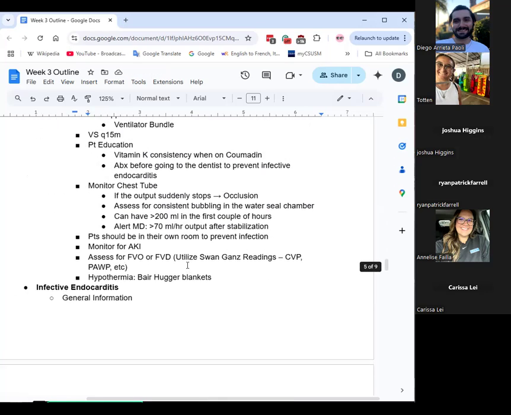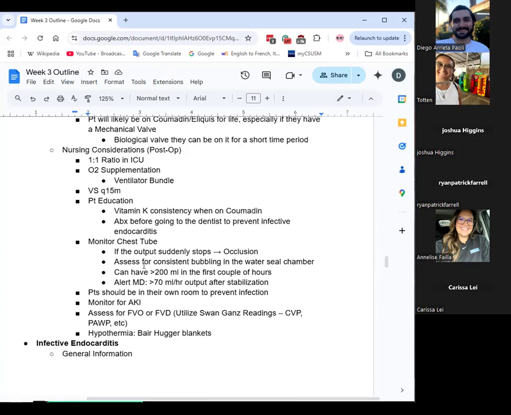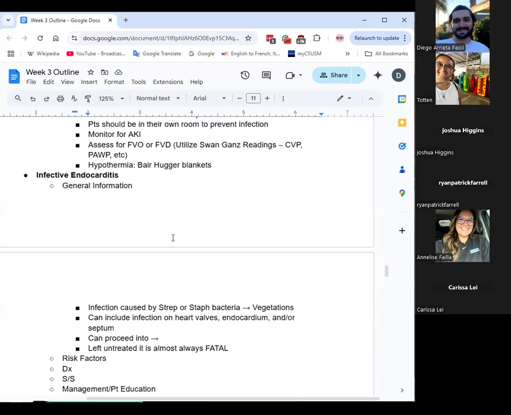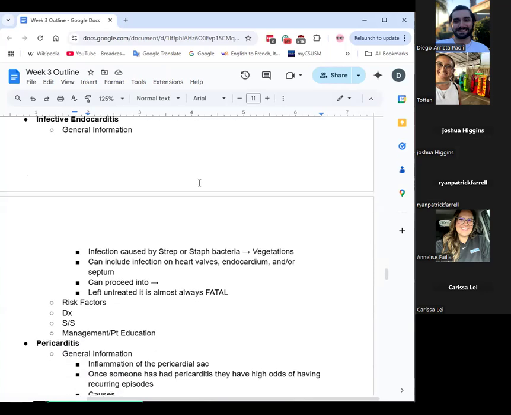And speaking of issues with the valve, we'll move on to infective endocarditis. The general information is that it's an infection caused by bacteria. Don't worry about the origin of the cause; this is just background. So we have vegetation, essentially growth on the valves.